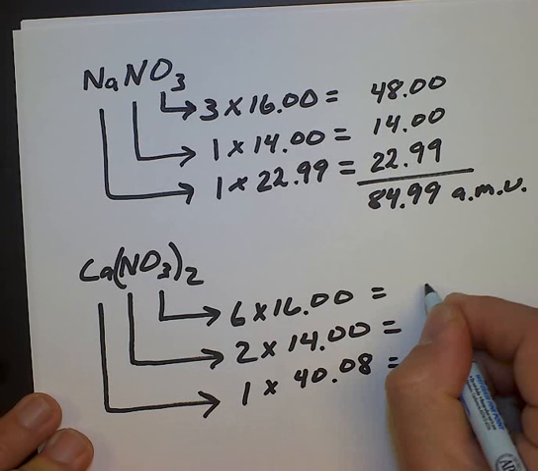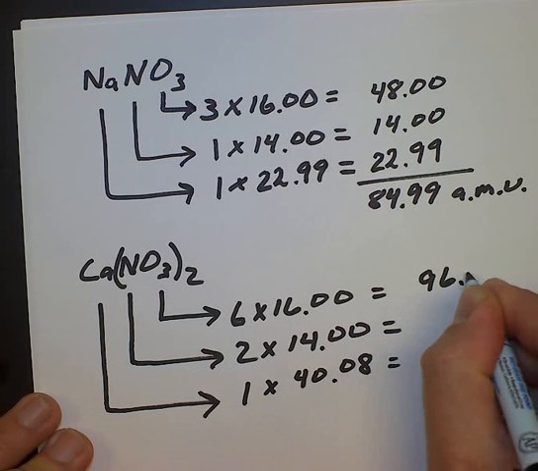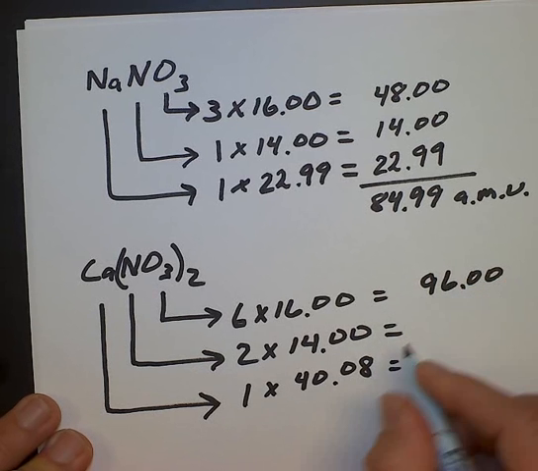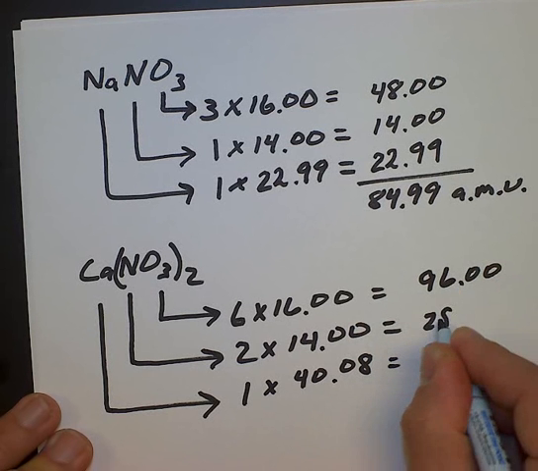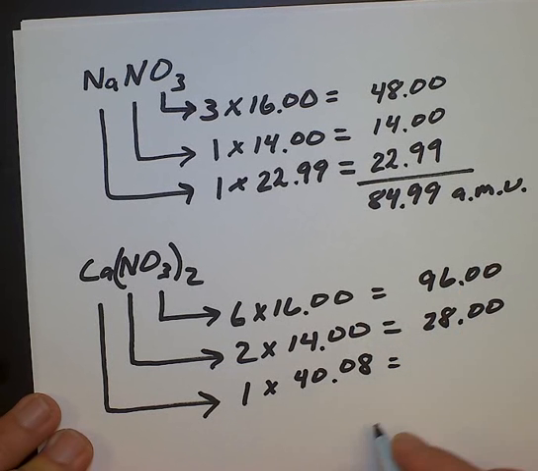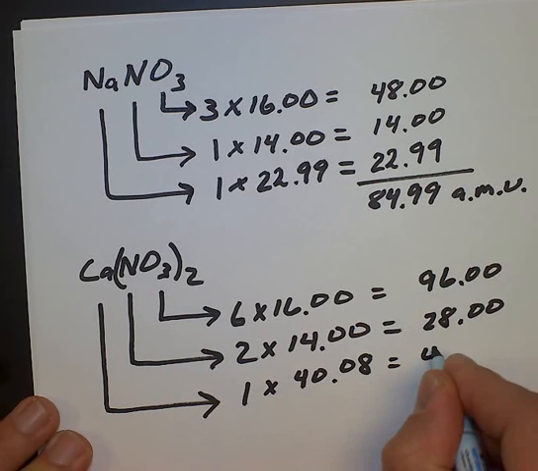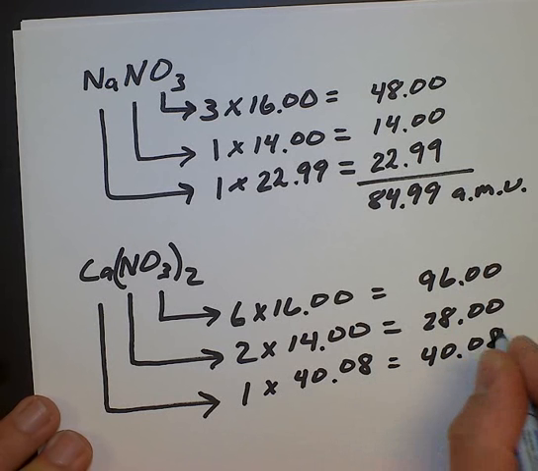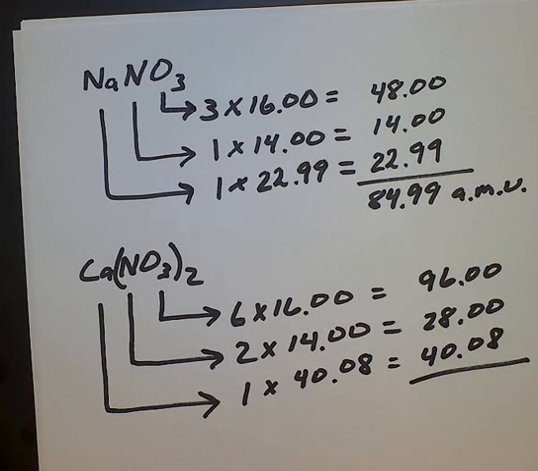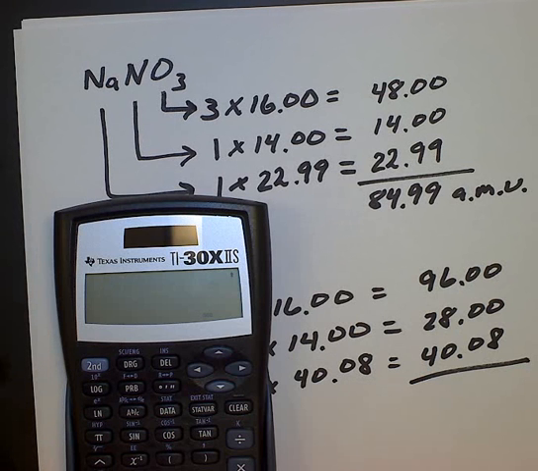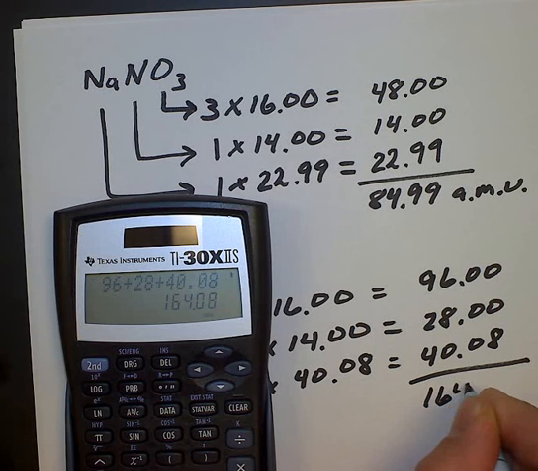So if we add these up, we get 96.00, we get 28.00 AMUs, and we get 40.08 for calcium. Again, I'm going to just add all these up. We'll say 96 plus 28 plus 40.08, and we get 164.08 AMUs.